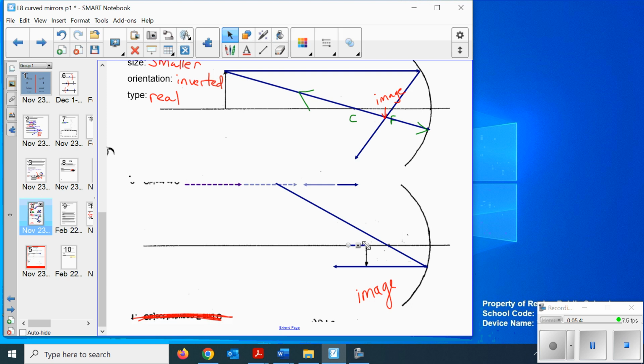So the center rule. If I just line this up on the tip, so I'm going in reverse. This was the object where they crisscross.